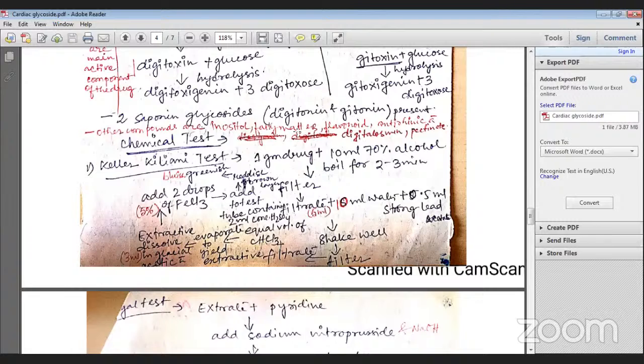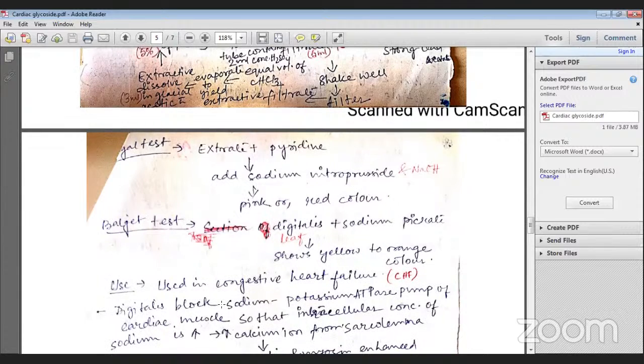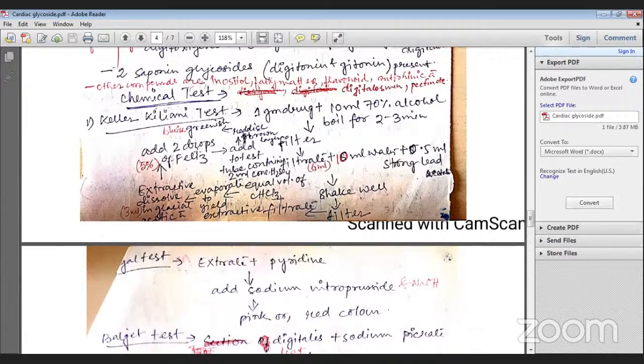In the Legal test, sodium nitroprusside is used along with pyridine, which gives a pink or red color. In the Baljet test, digitalis with sodium picrate shows a yellow to orange color. Later we'll discuss the Keller-Kiliani test.